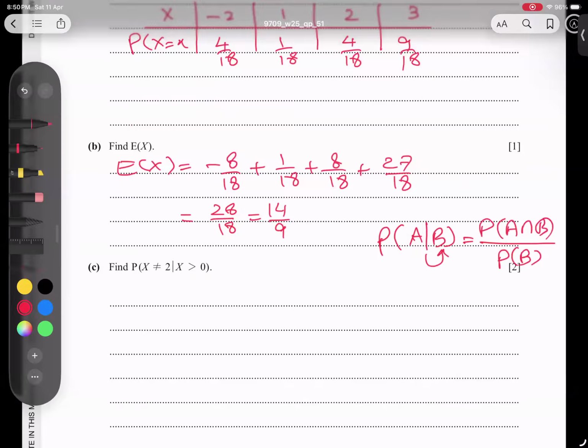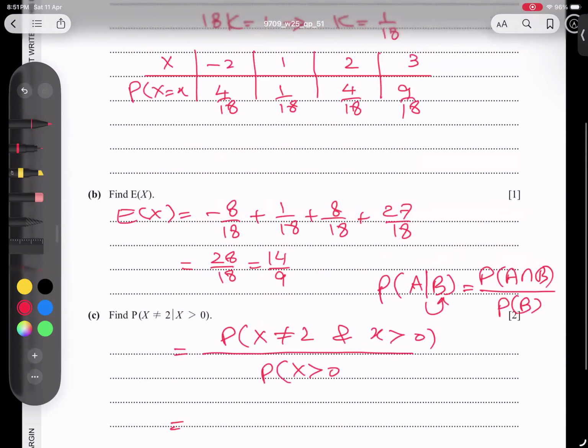I hope the point is very clear. Now I'm going to apply the same story here. So this probability I'm writing in the denominator: X is more than 0. And X is not equal to 2, and X is more than 0. So these two things we have to do.